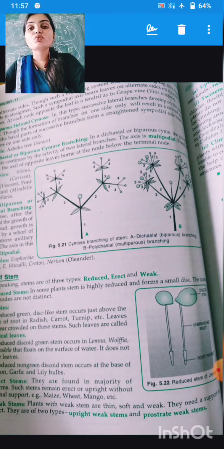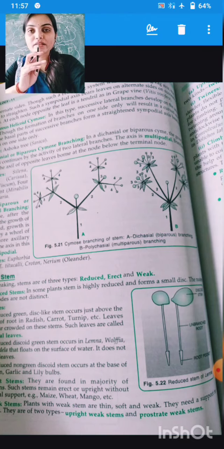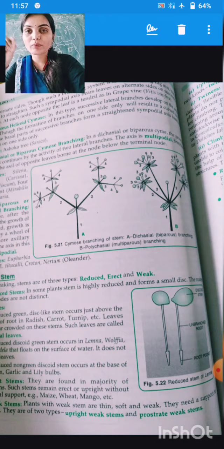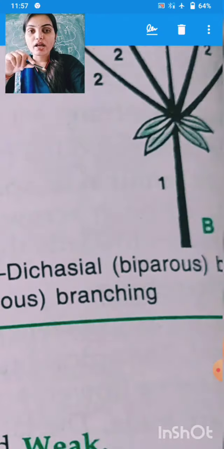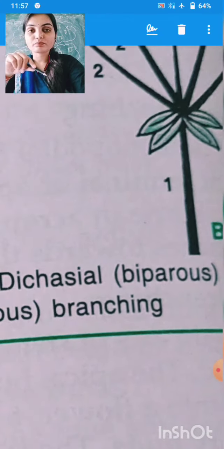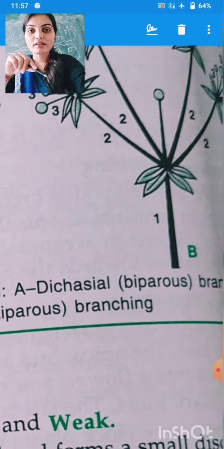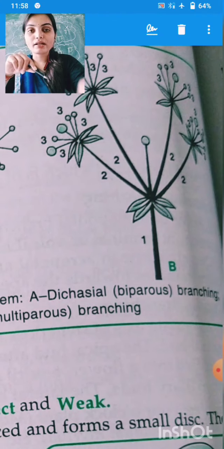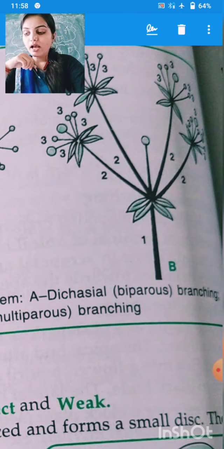Branching is important because it is the main thing which arises from the stem. In the B part you can see the polychasial, that is multiparous branching. Here one main stem is there, and through it different branches are attached, as you see in this diagram.